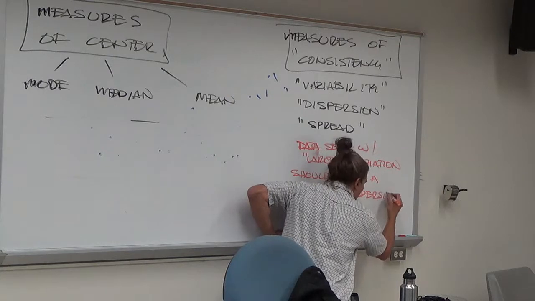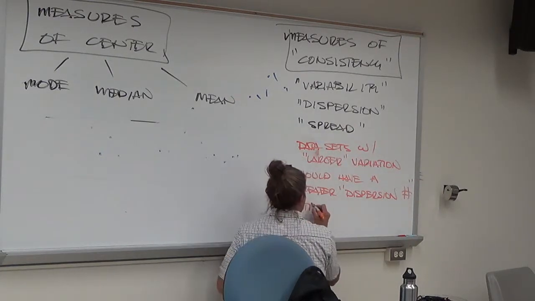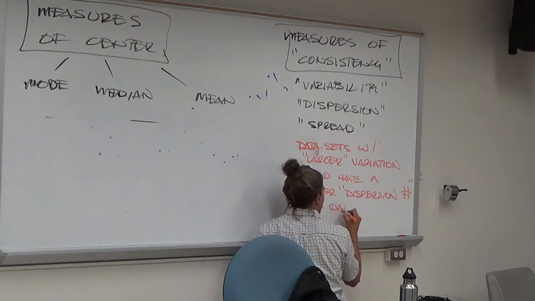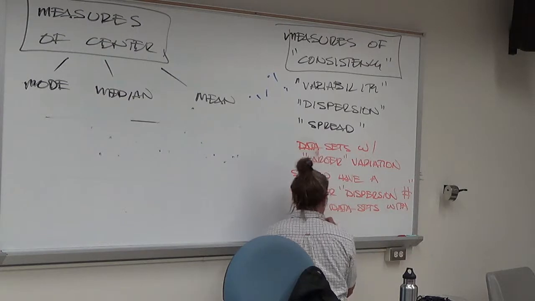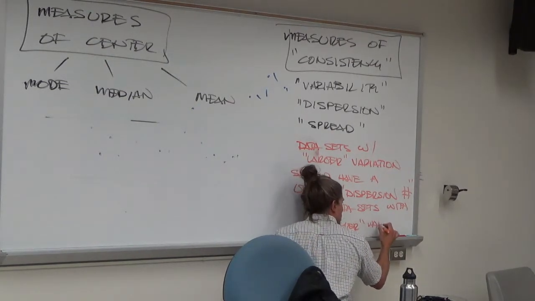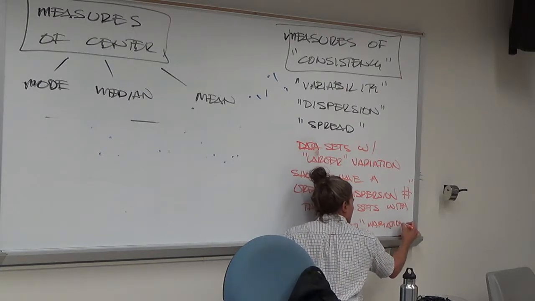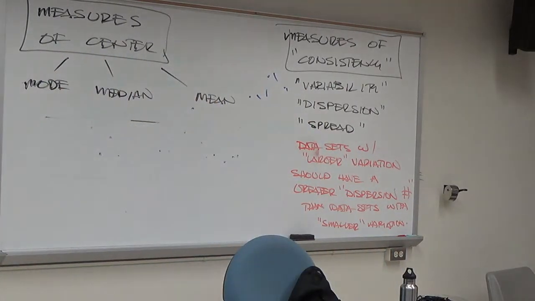I'm going to call it that for lack of a better term. A greater dispersion number than data sets with smaller variation. Oh, that's good. That's good. I like that. Hopefully that makes sense.